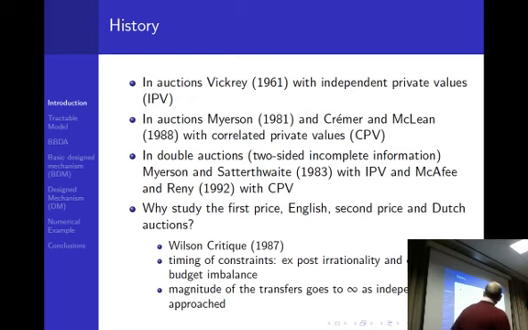Here's a real fast history. Vickrey started the whole thing with his famous second price auction paper, which sat for a long time with none of us reading it and doing anything about it. But that was, of course, an independent private values market, and we got the famous theorems about revenue equivalence. This is optimal in a certain sense.